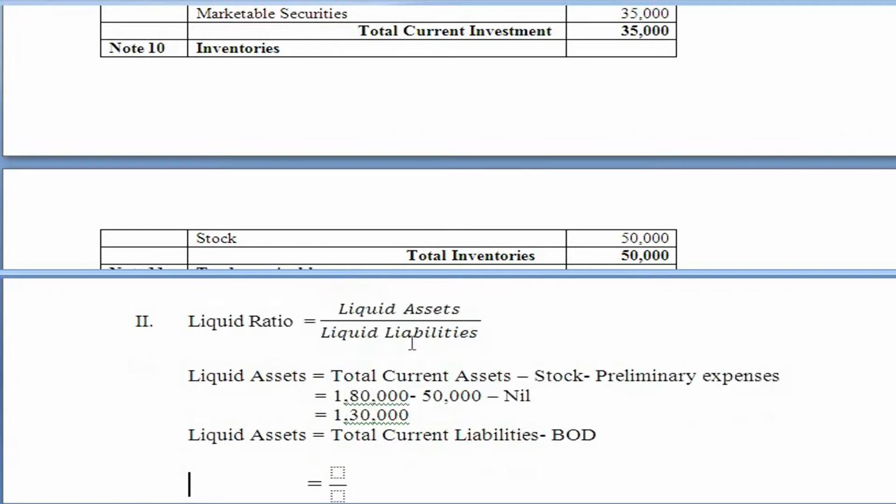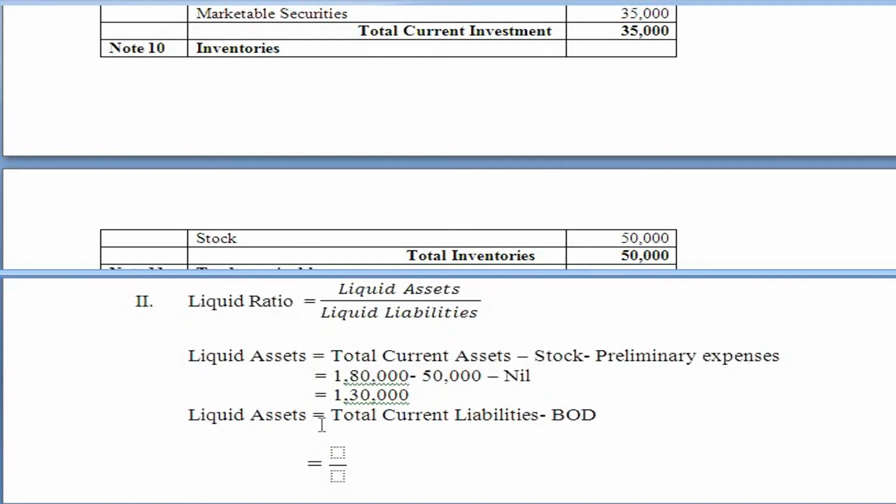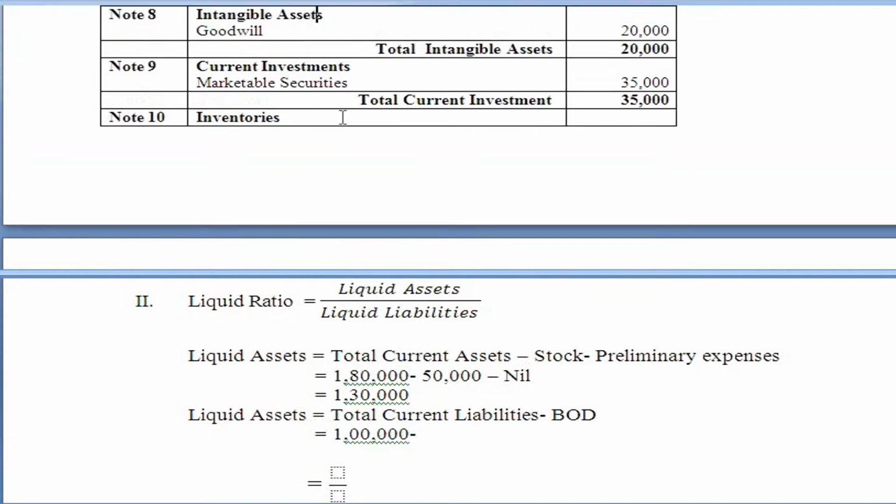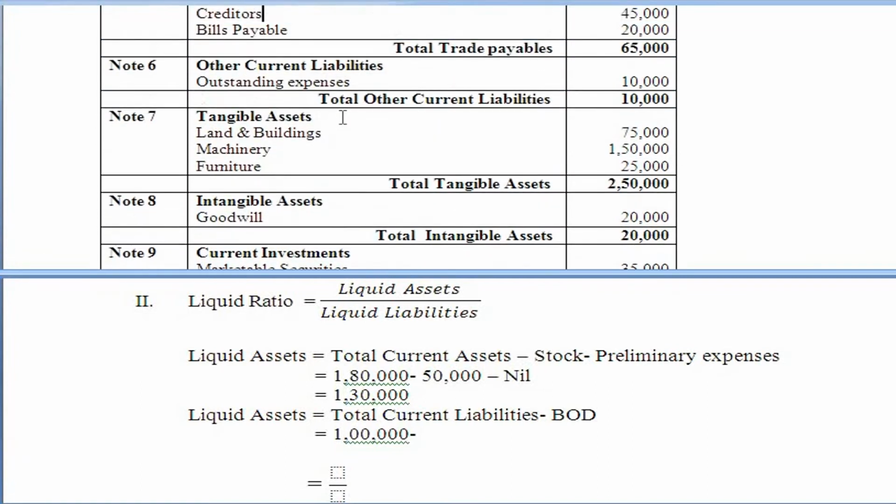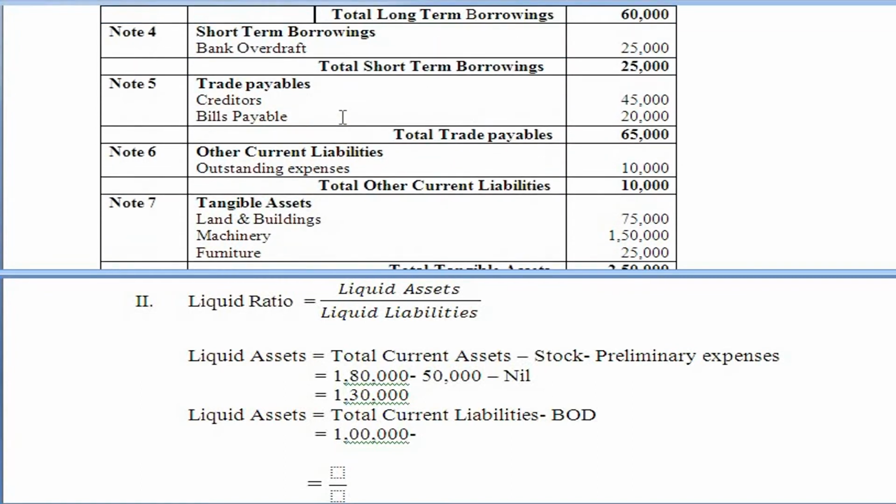Here it's equal to, write 1 lakh minus, what is the amount of bank overdraft? Now first we need to check whether bank overdraft is there in the problem. Okay, it is given in the balance sheet. Yes, we have the bank overdraft.